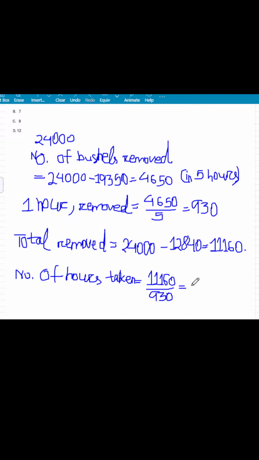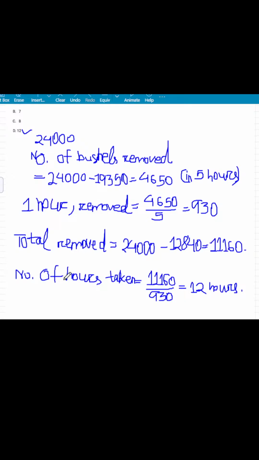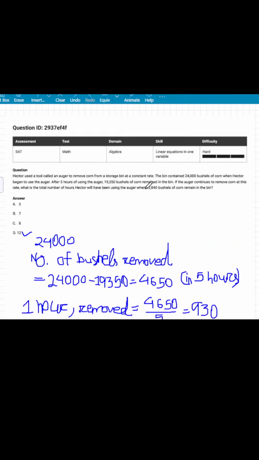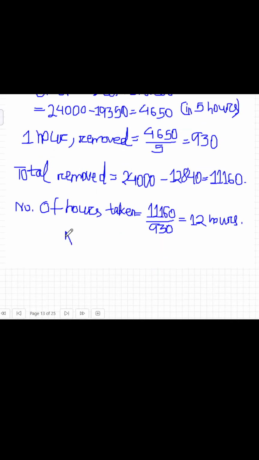We subtract 93, it will be 18 and 2. So you'll have 12 hours. The correct answer is 12, that is option D. So in 12 hours we'll be able to remove 11,160 bushels, so that these many bushels remain in the bin. So the answer is D.